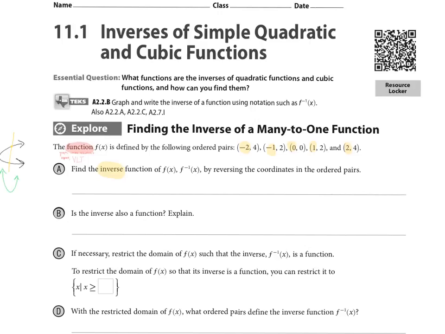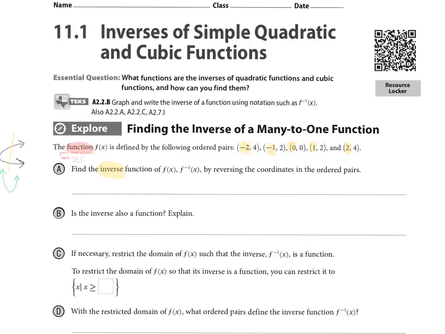Okay, so if I'm going to invert something, what could that potentially mean? Maybe switch the signs, that's a possibility. So maybe you're flipping over the y-axis. Mathematically, if I flip something over the y-axis, what's changing about it? The x's are changing. Okay, that's a possibility. What else?